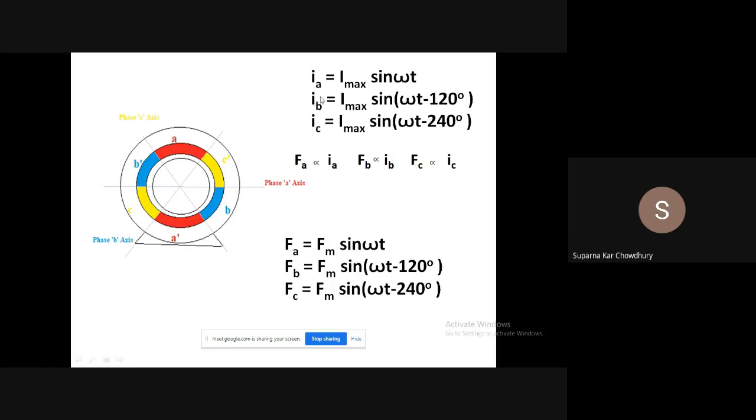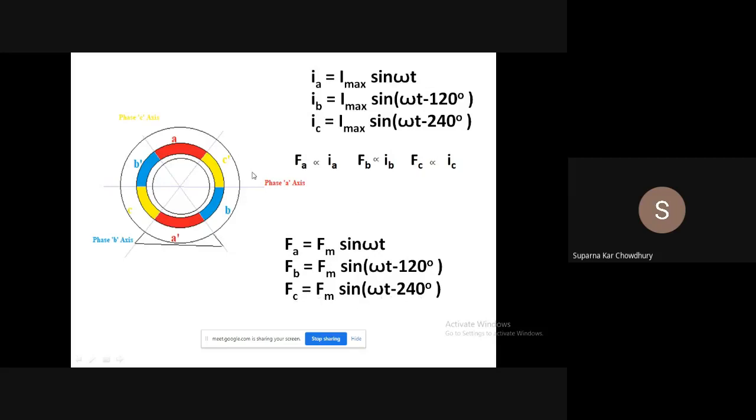So, considering the number of turns to be the same, FA can be written as FM sine of omega t. This comes from the current expression. FB is FM sine of omega t minus 120 degrees, and FC is FM sine of omega t minus 240 degrees.